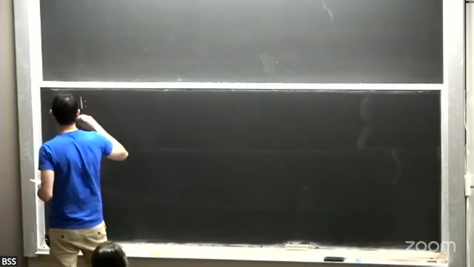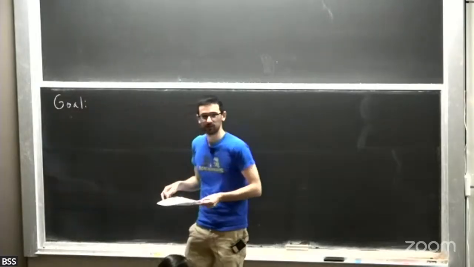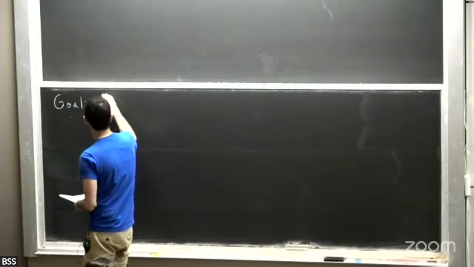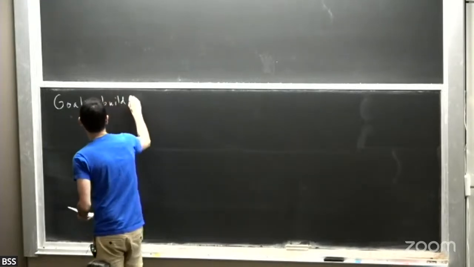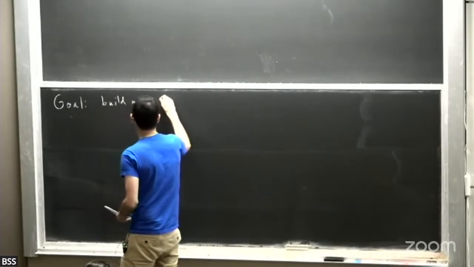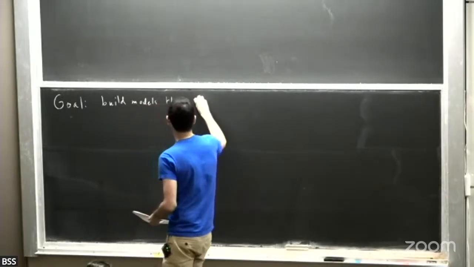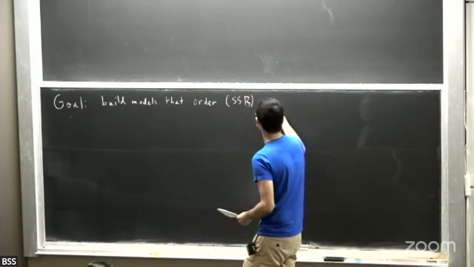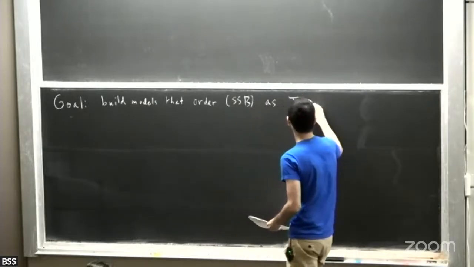So I'll remind you the high level goal that we have is to build models that order, i.e. have spontaneous symmetry breaking at arbitrarily high temperature.